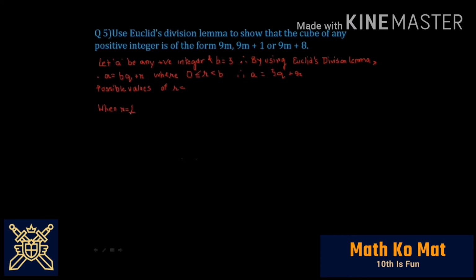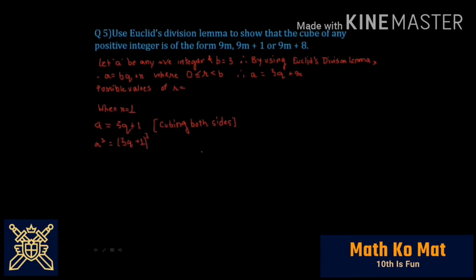So when r is equal to 1, a is equal to 3q plus 1. Again, we will be cubing on both the sides. Therefore, a cube would be equal to 3q plus 1 whole cube.